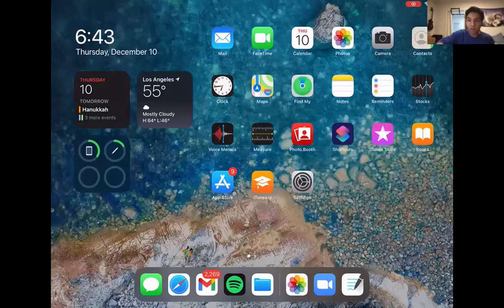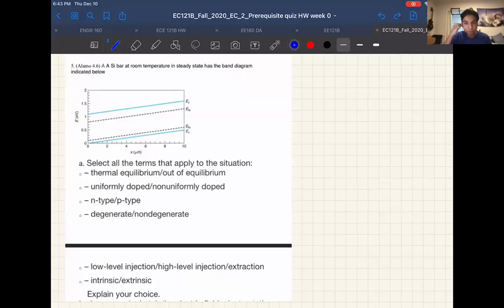Okay, cool. So as Cody was saying, when it's not in equilibrium, you have quasi-Fermi levels. So it's not really Fermi levels, kind of like quasi. So this is out of equilibrium.